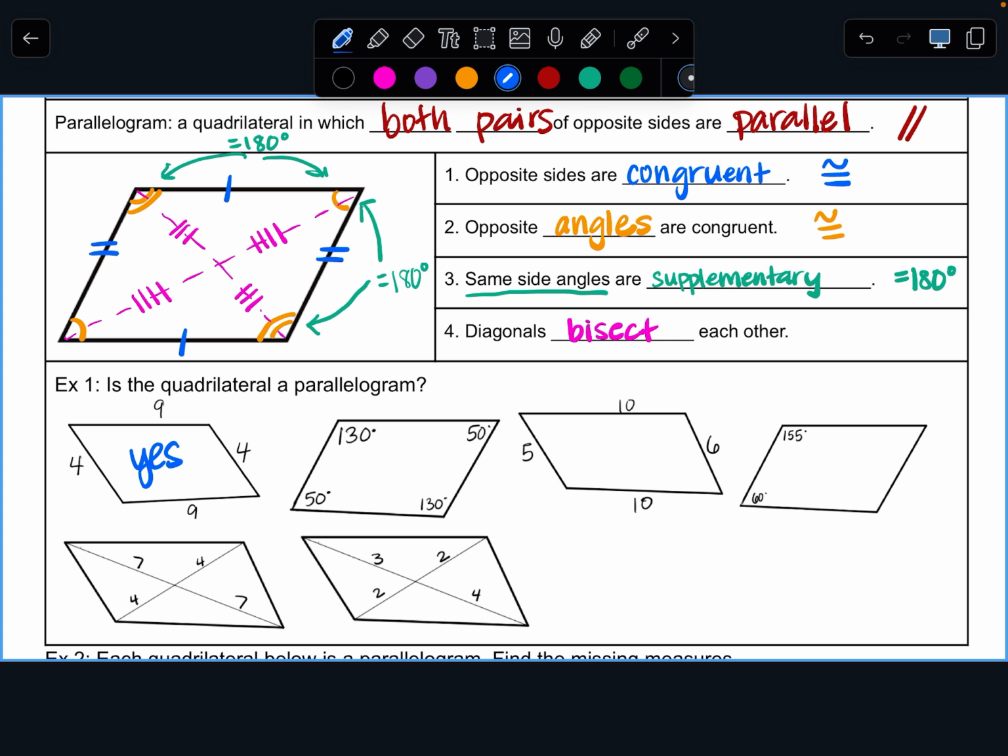For the one to the right of that, this is also a parallelogram because the opposite angles are congruent. This next one is not, because we have a 6 and a 5 here. The opposite sides are not congruent.